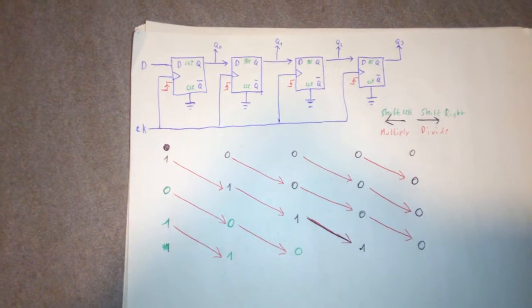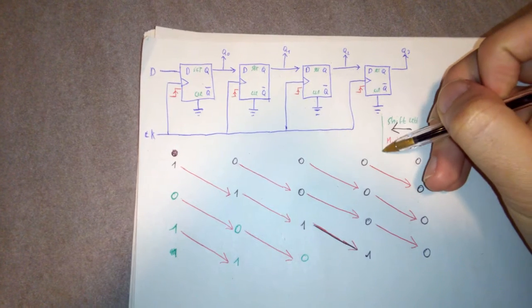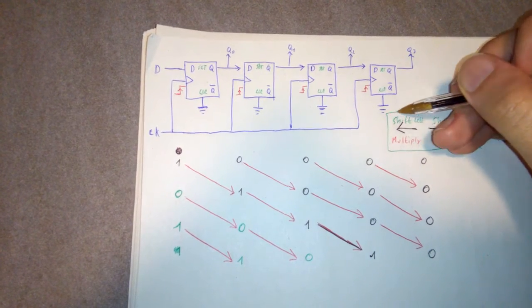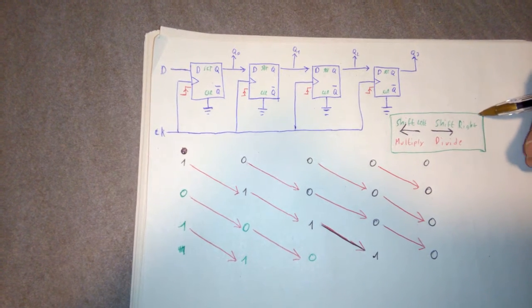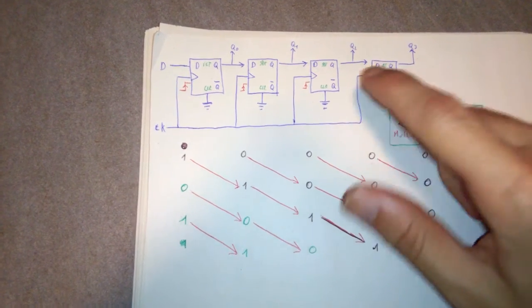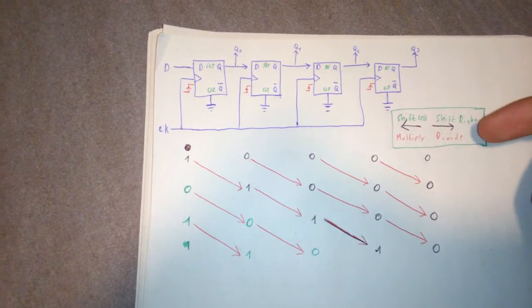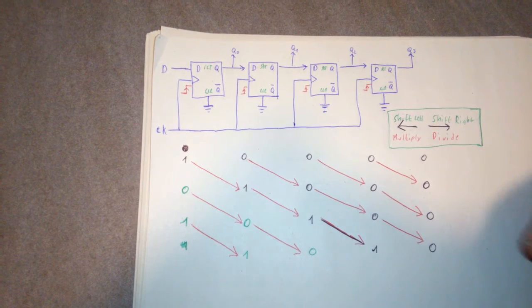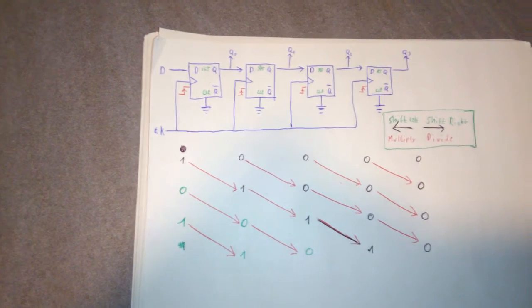Those are two very important operations in Boolean algebra because so far we know how to do basic stuff, but this way with shift registers, we can actually do multiplication and division of numbers, and it's extremely useful.